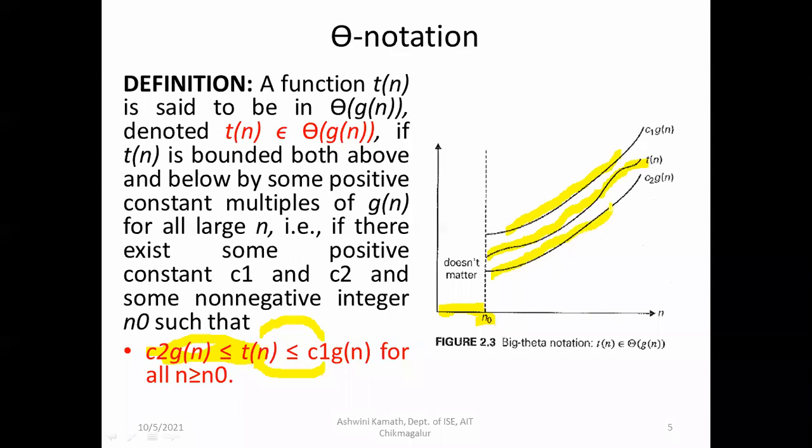So we can say that the order of growth of T of n must be equal to that of G of n. Then we can say that it is in theta notation.